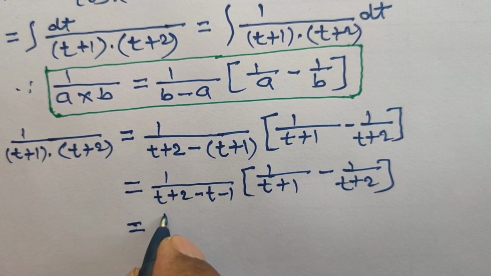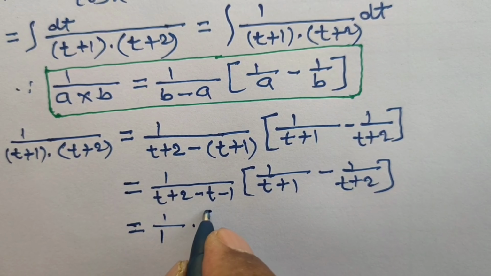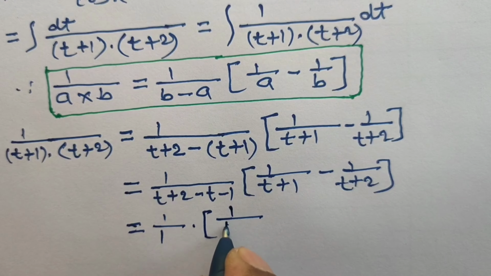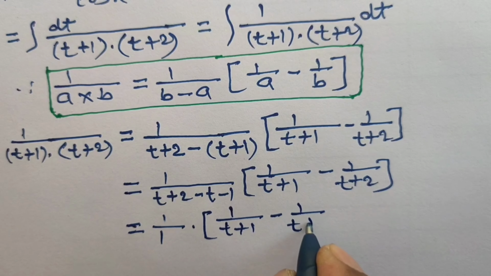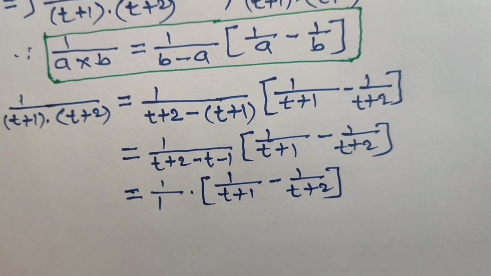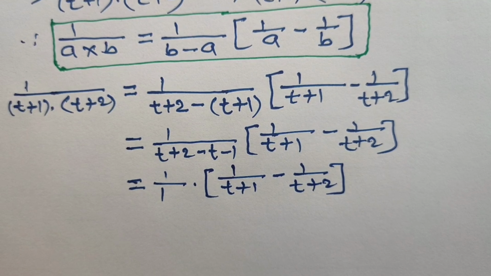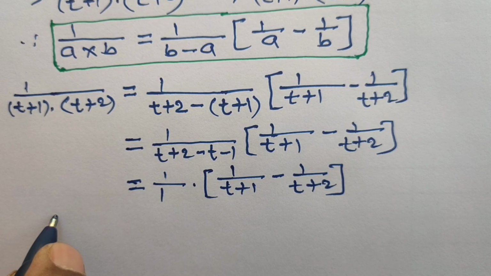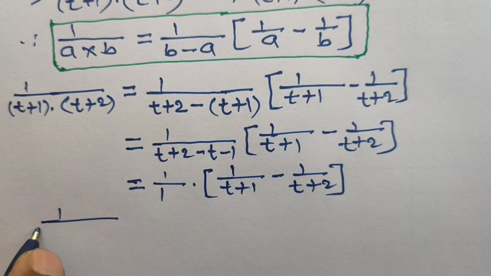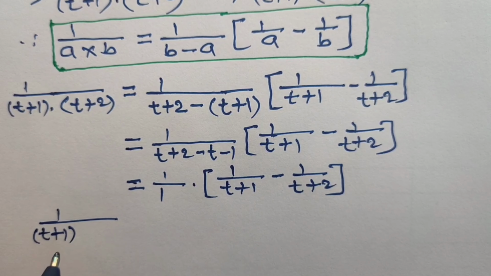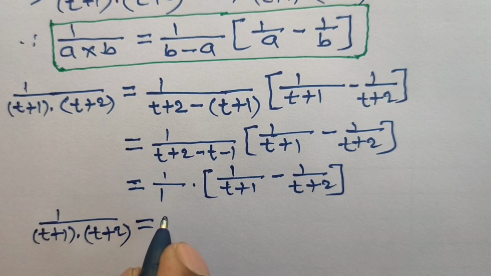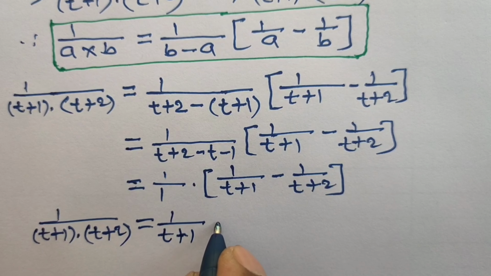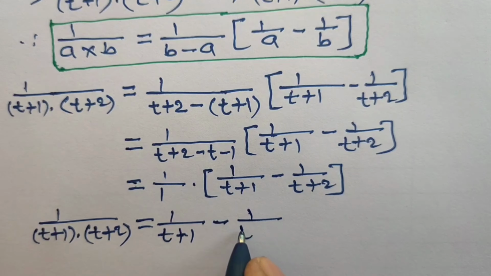Hence this is 1 upon 1 into (1 upon (t + 1) minus 1 upon (t + 2)). Finally, the partial fractions of the given rational function 1 upon (t + 1) into (t + 2) is equal to 1 upon (t + 1) minus 1 upon (t + 2).